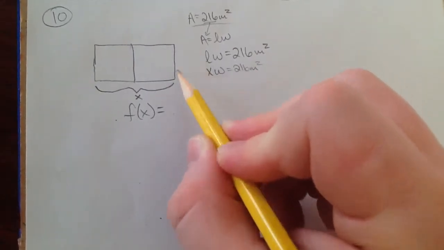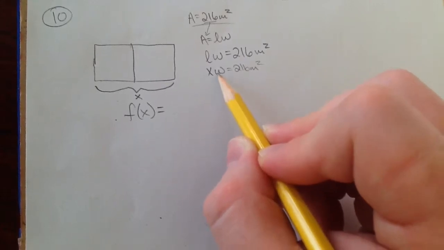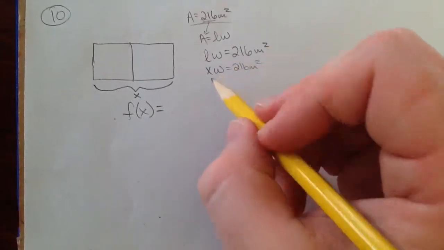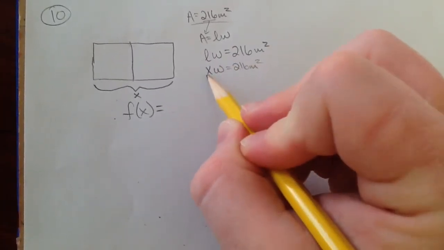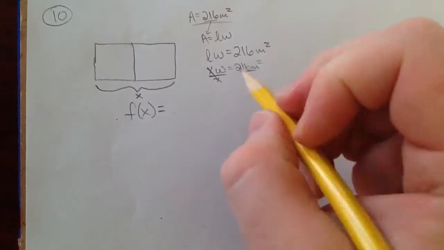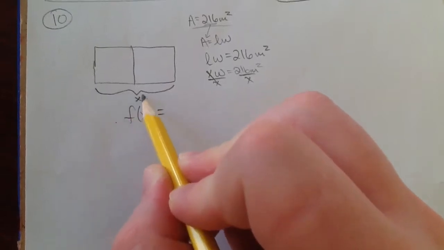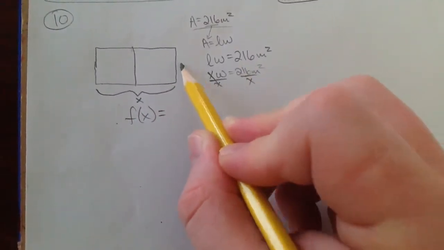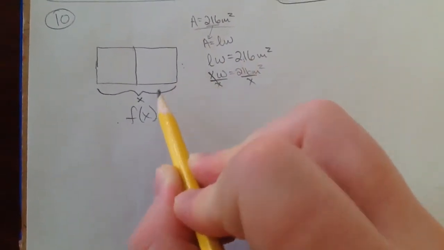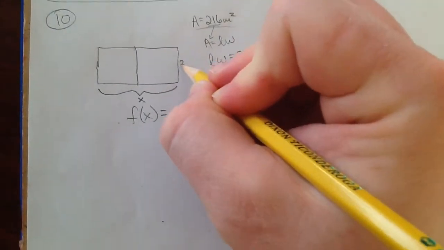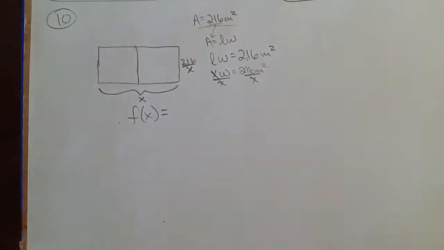Well, then my width, I can't have 2 variables, so I'll solve for w in terms of x, divide both sides by x. So my width has to be 216 divided by x, right? Because whatever that is, I have to multiply it by this to get 216, so 216 divided by this better give me x. So this is 216 divided by x.